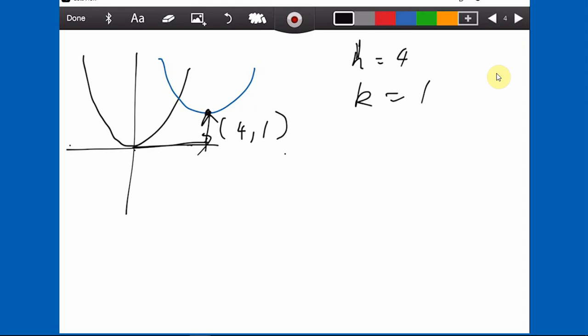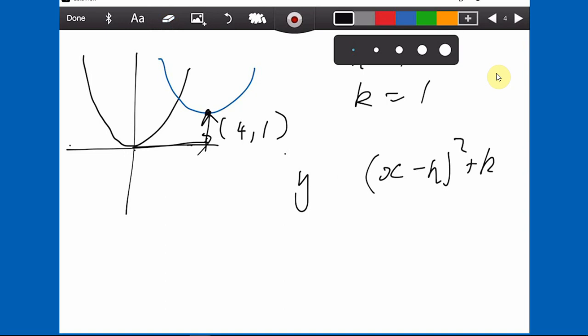And so we would have said then that the turning point form of our parabola is y equals x minus h squared plus k. At the moment I'm just ignoring that there might be an a, and I'm just looking at the translations. So I'm looking at one of that form at this point.